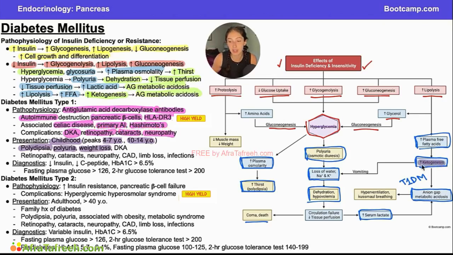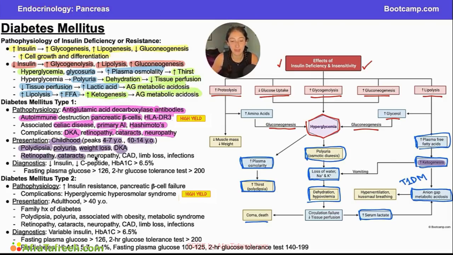That is going to lead to the increased ketogenesis that we talked about in our pathophysiology video, leading to this anion gap metabolic acidosis. And if these patients are completely unaware that they have diabetes, they're not replacing their insulin, it's pretty easy for them to get into DKA and have that be the first time that they are presenting and diagnosed with type 1 diabetes.